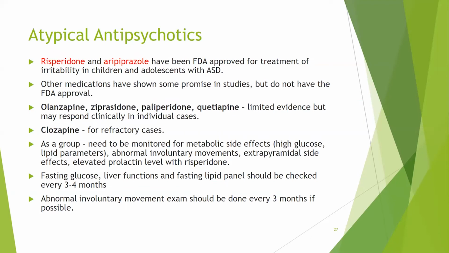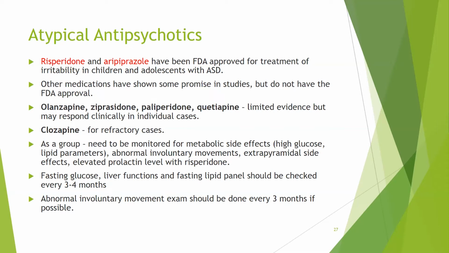The most validated treatment, or the treatment for which there is evidence, are the atypical antipsychotics. In particular, risperidone and Abilify are the two medications that are FDA approved for treatment of irritability in autism spectrum disorders. Other medications have also been studied.